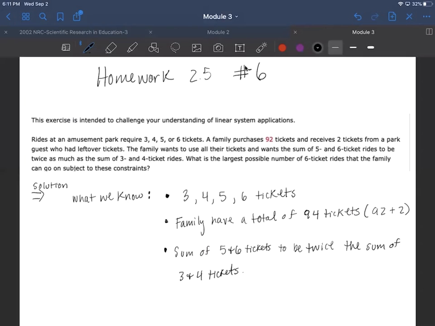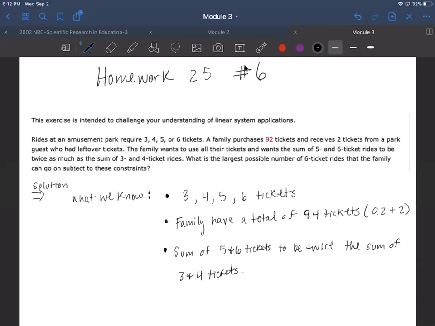So, with this being said, kind of similar to some of the other problems that I talk about, let's try to define some variables here. Even though the park only requires 3, 4, 5, and 6 tickets, think about it like this.